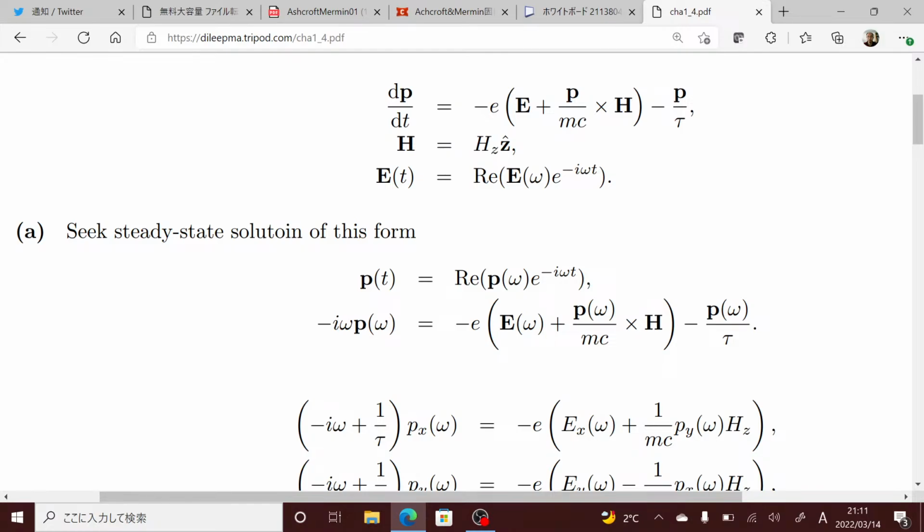P omega, I omega P omega is something like this.